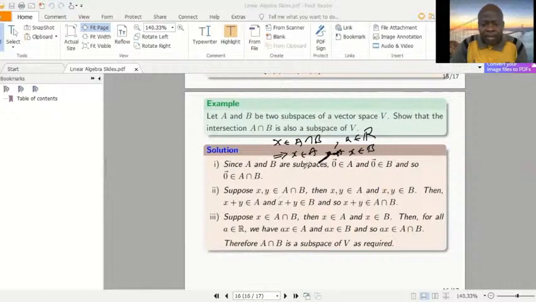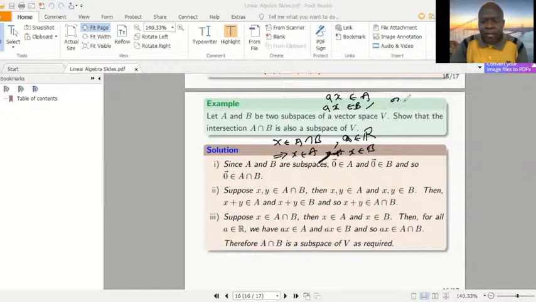A is a subspace. So if I multiply this scalar a by x, the result would be in A because A is a subspace. And also if I multiply a times x, the result would still be in B because it's a subspace. So ax is in A, ax is in B, so ax is common to the two sets.